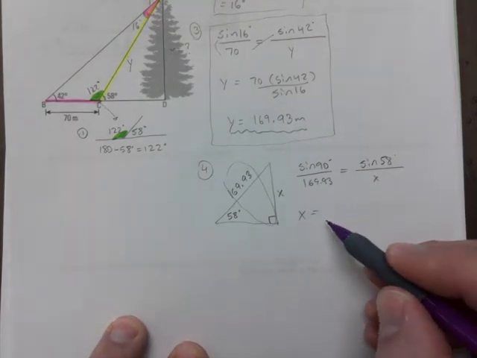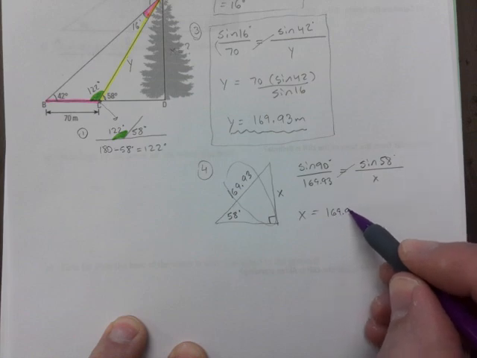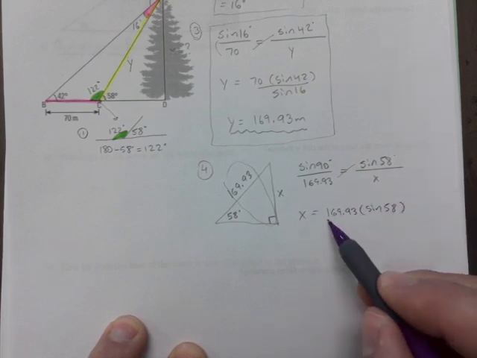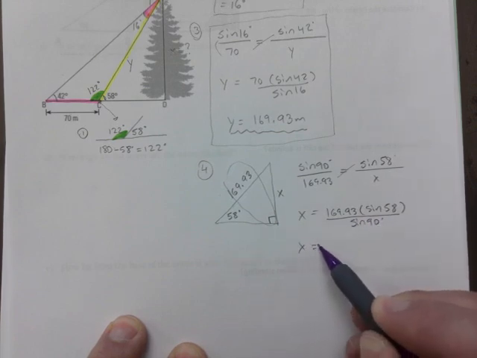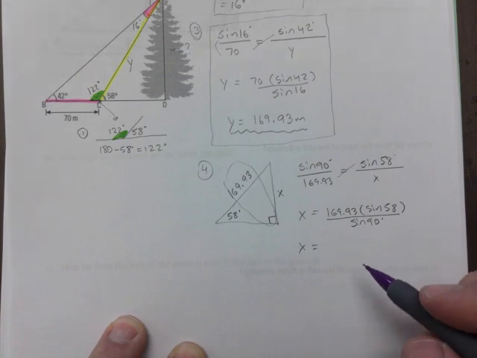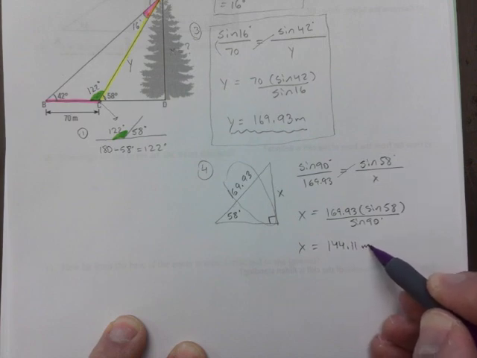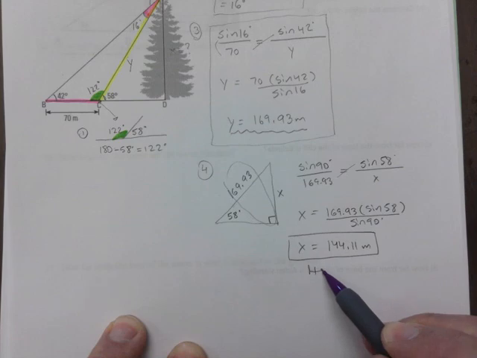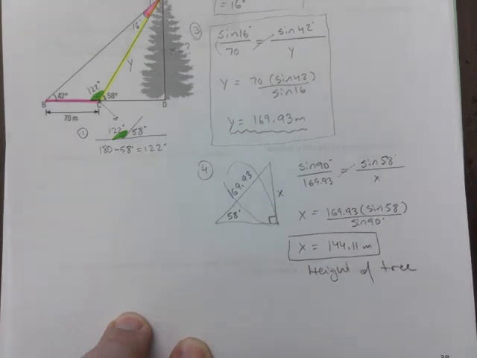So x is equal to, we cross multiply, right? 169.93 times sine of 58 divided by sine of 90, which is just 1. And that gives us 144.11 meters. Okay, this is the ultimate answer. That's the height of the tree. Height of tree. Okay, you're done.